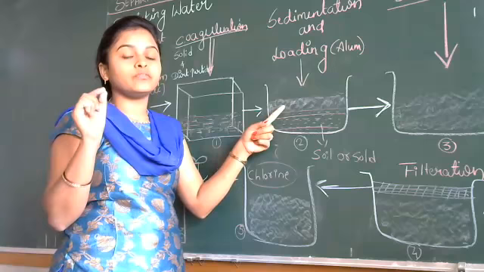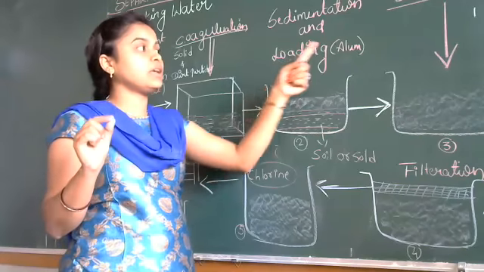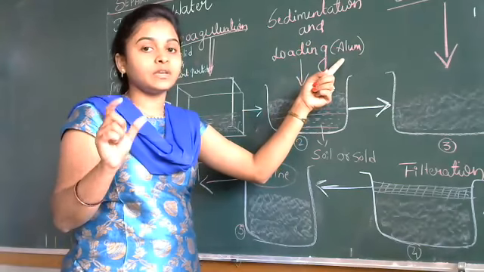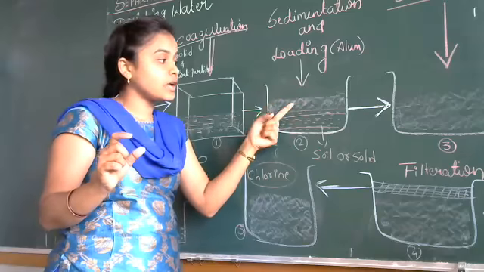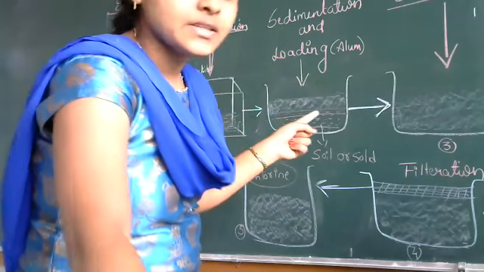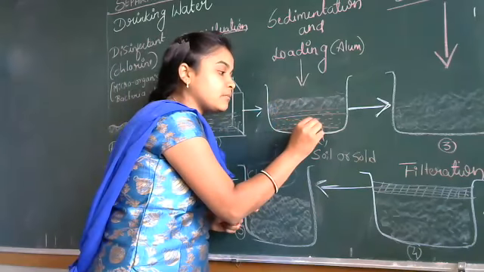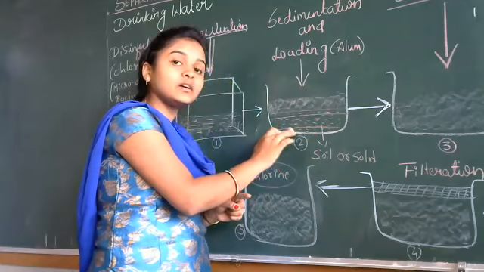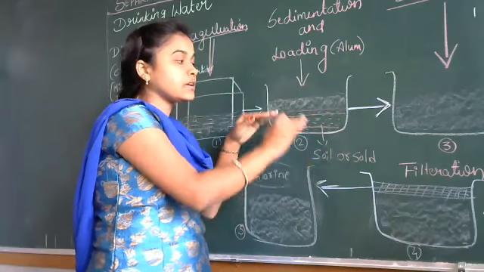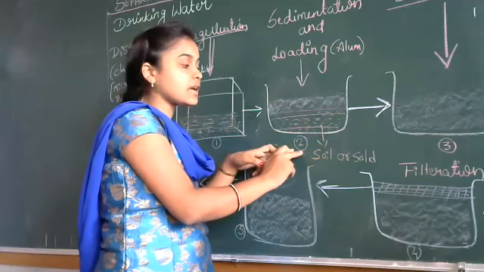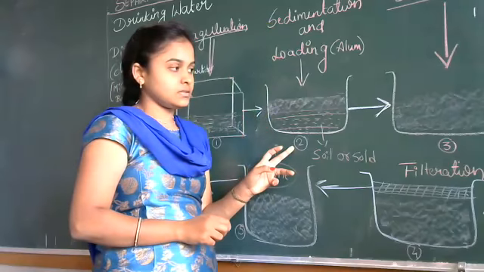So for the removal of mud or soil particles, loading is done. In loading, alum is used. Alum is a substance which sticks to the soil or mud particles present in the water and makes them heavy, and later they settle down at the bottom of the water. Now the soil or solid particles are completely separated from the water in the second step with the help of sedimentation and loading.